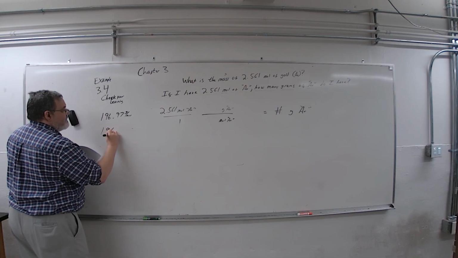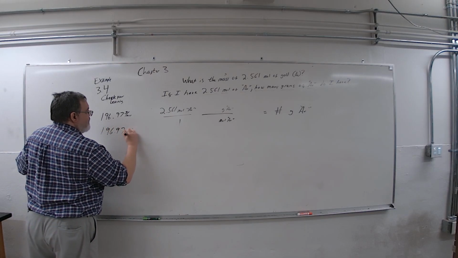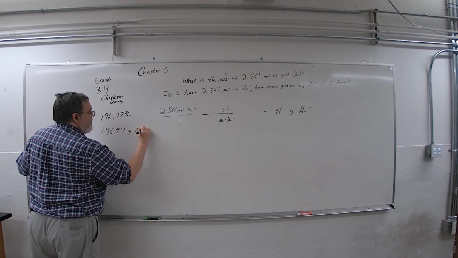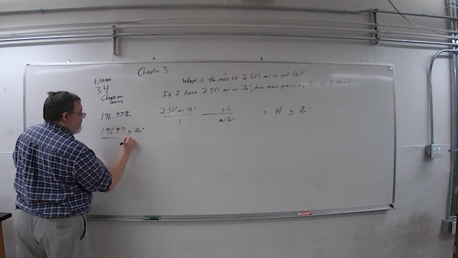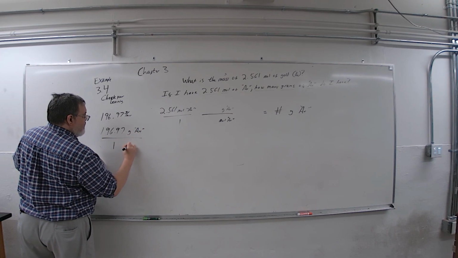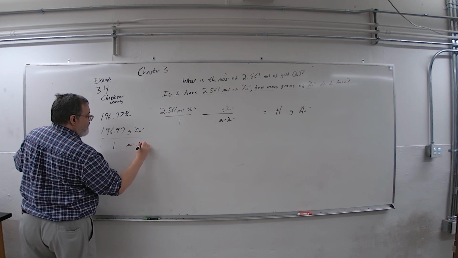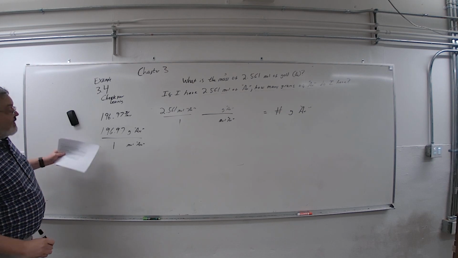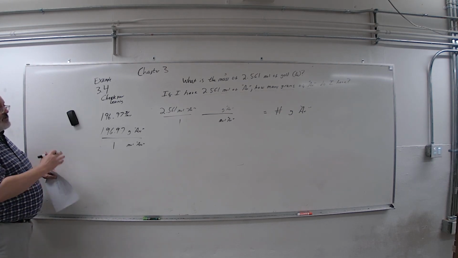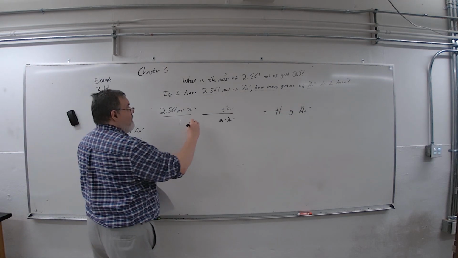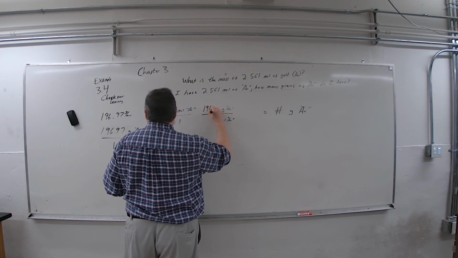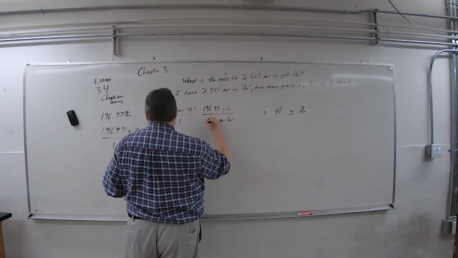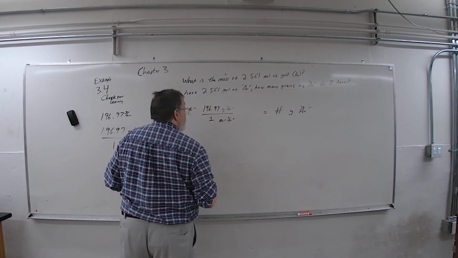So 196.97 grams of Au. I do want grams on top and moles on bottom, so I'm just going to write it just like that. 196.97 grams of Au to 1 mole of Au.